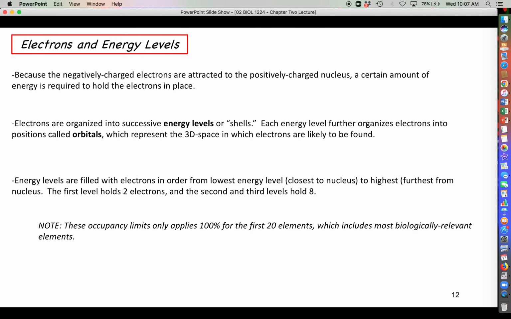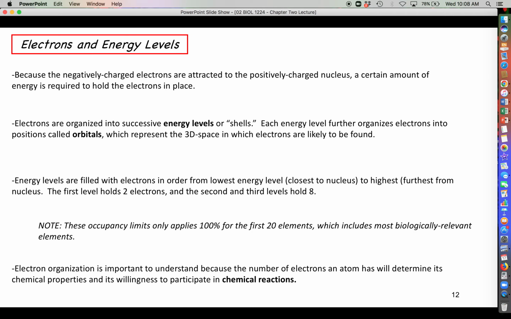So for all the most biologically relevant elements, we can stick to the rules as dictated here. The greatest number of energy levels we are ever going to need is 4 for calcium, but we're not going to completely fill that energy level. So as long as you can remember the first level holds 2 and the second and third levels hold 8, you should be good to go.